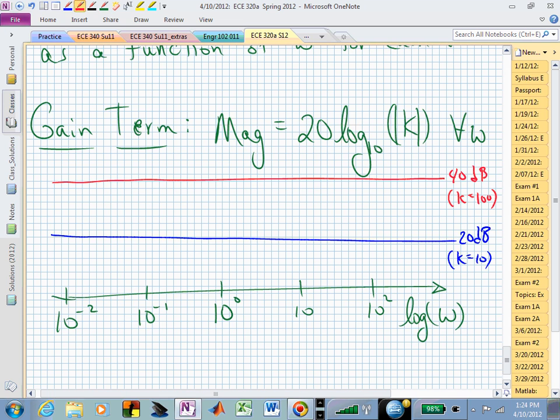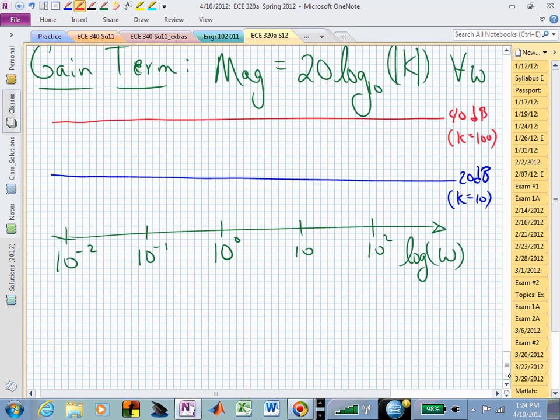If we had a gain k of 0.1, those are supposed to be flat lines. Is that making sense?